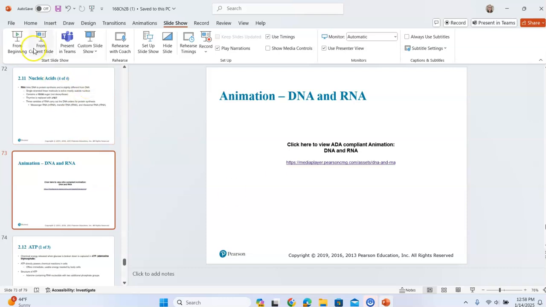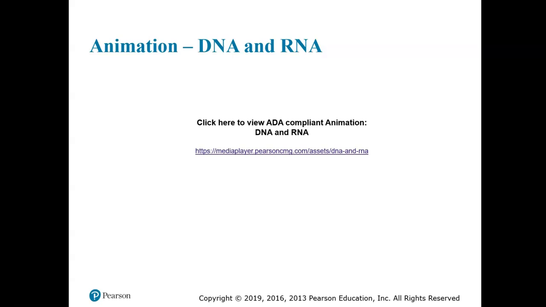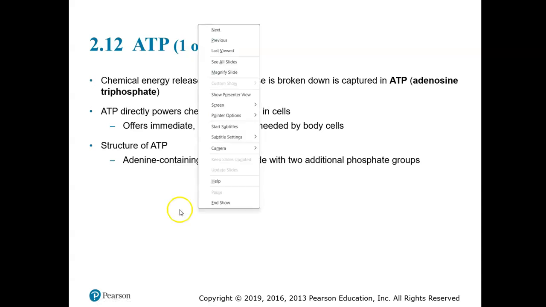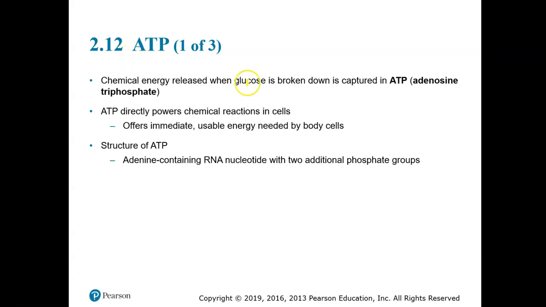Then we have a little bit of information on ATP. ATP stands for adenosine triphosphate. So it contains the nucleotide adenine, like a modified adenine.